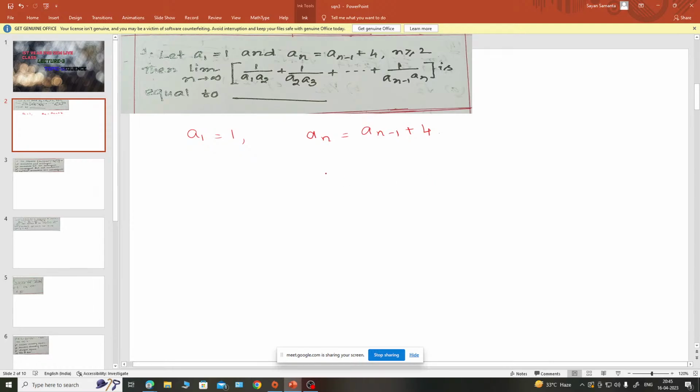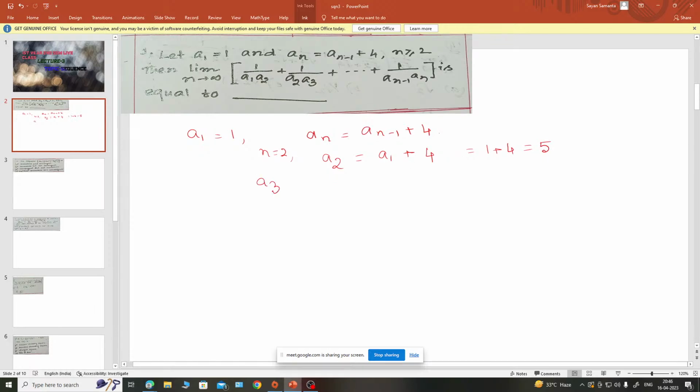First we put n equal to 2. So the value of a2 is equal to a1 plus 4. Here a1 is equal to 1, so 1 plus 4 is equal to 5. So a2 is 5. Is it clear to everyone?